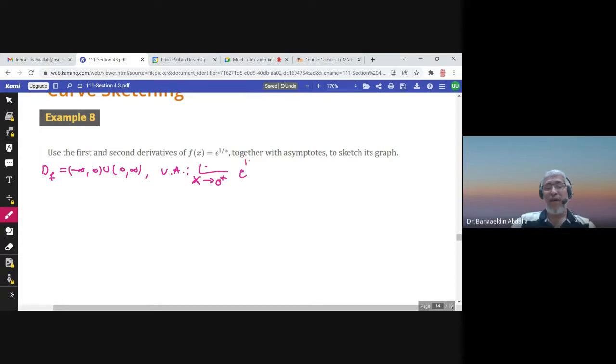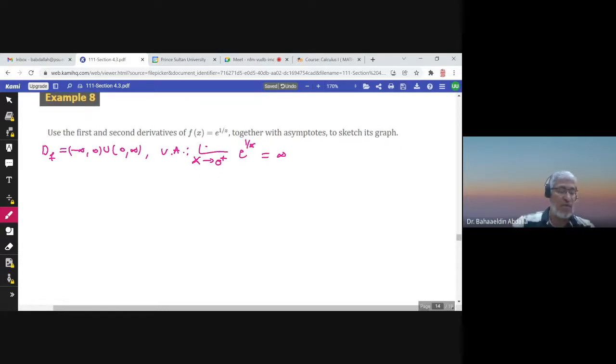Well, I replace x by 0, but 1 over 0 is infinity, and e to the power infinity is infinity.